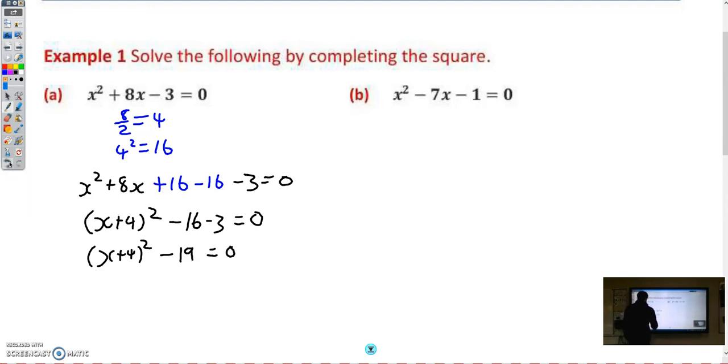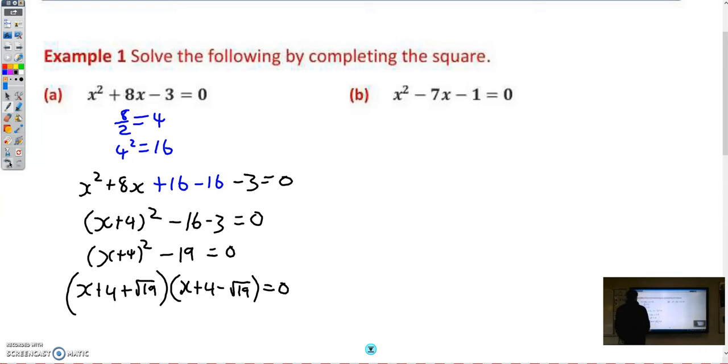is equal to 0. And then from here, we're going to factorize using DOPS, difference of perfect squares. So we will have x plus 4 plus root 19 and x plus 4 minus root 19, all equal to 0. From here, we can use our null factor law to solve.